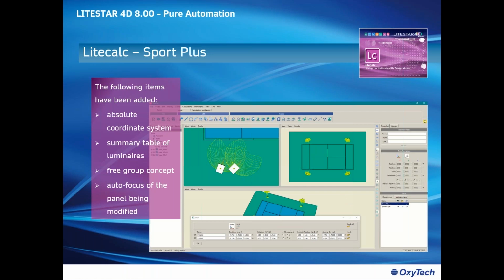This is really a way to save a lot of time, because if you want to do it manually, you have to focus on the panel, then you have to turn, and it is not so easy. In this way, it is very fast.